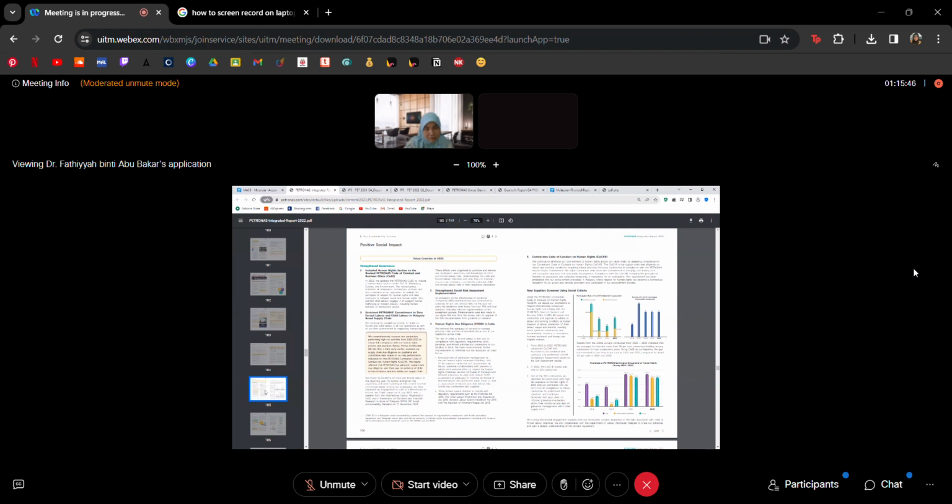So you can see 163 pages of integrated report. So a lot of things that have been discussed. Or maybe separate. Just highlight the key.